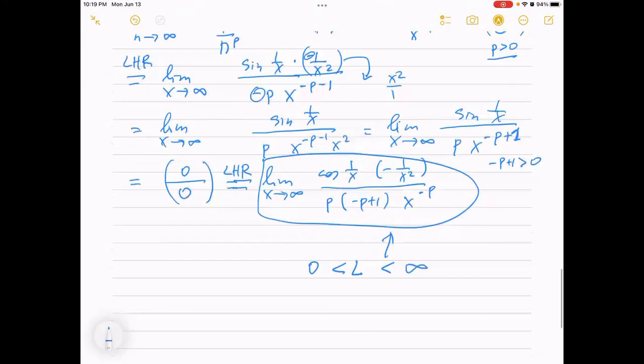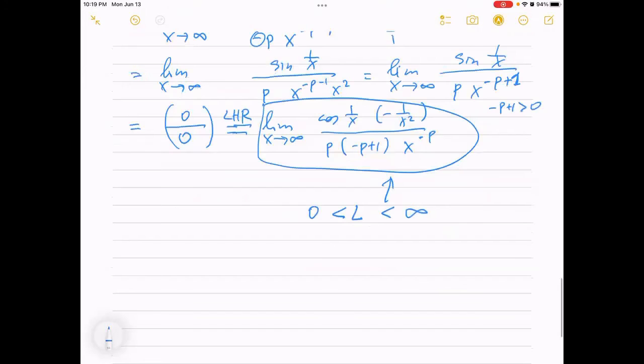Let's have a look at what we got here. We get the limit as x approaches infinity of cosine of 1 over x over p times negative p plus 1. I'm going to bring that minus in front.